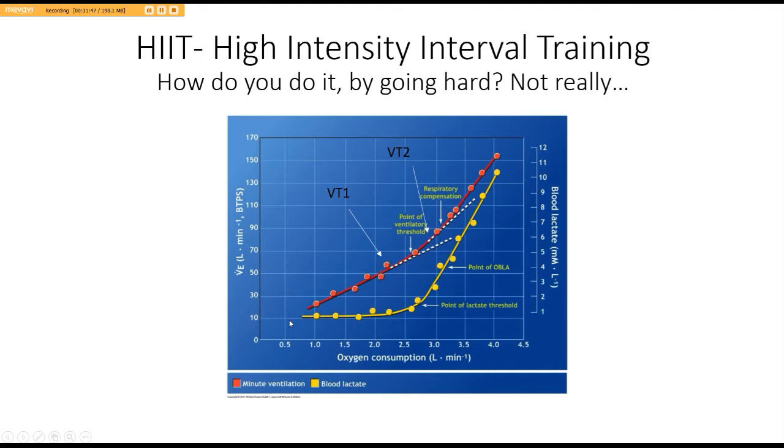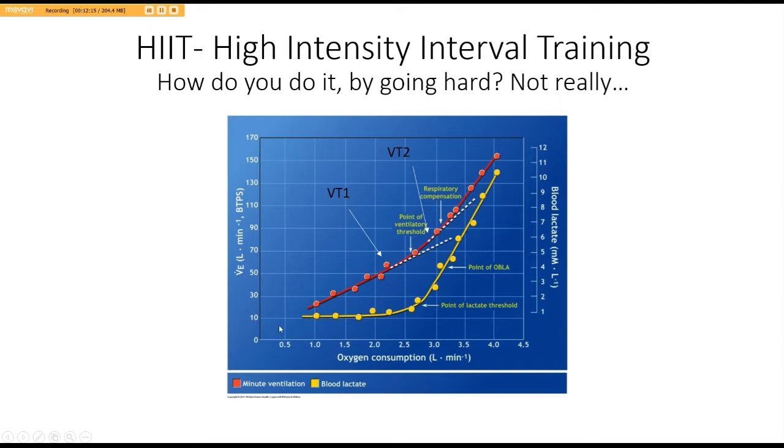But notice what happens internally for the body. We're looking at the amount of air that's brought in. We're also looking at the accumulation of lactic acid. What you'll notice is that these two variables have an exponential or a breakpoint related graph across a linear increase in resistance training.